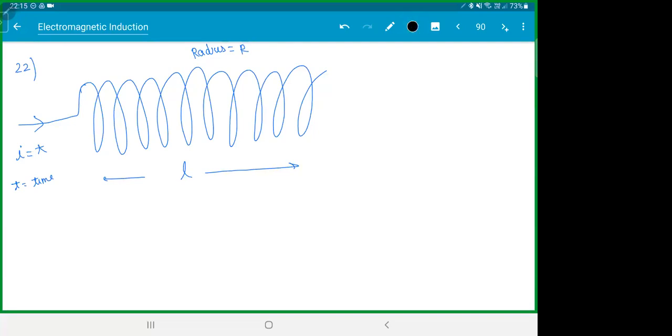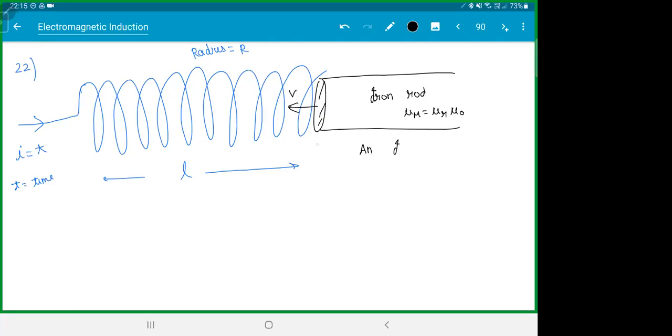At the same time, someone took an iron rod with permeability mu m, where mu m is mu r into mu naught. The rod is going with velocity v. This is the scenario at t0. Then the iron rod enters the solenoid.